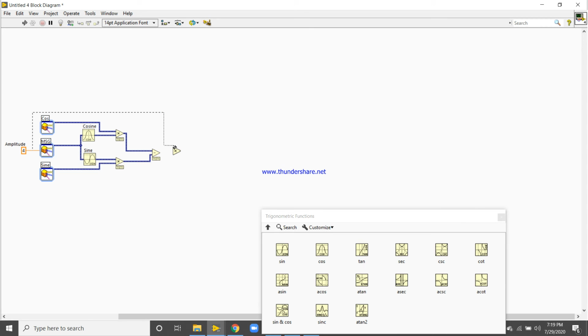We will set the same polymorphic behavior. Why polymorphic behavior? Because one is the dynamic data type and one is the normal numeric data type.